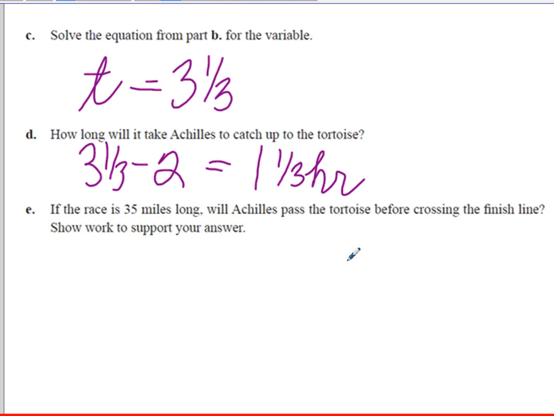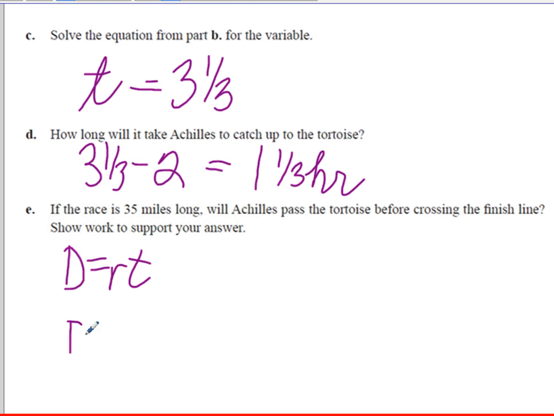Now, if the race was 35 miles long, will Achilles pass the tortoise before crossing the finish line? So we need to see if he was running more than or less than 35 miles. So we know our distance equals rate times time.